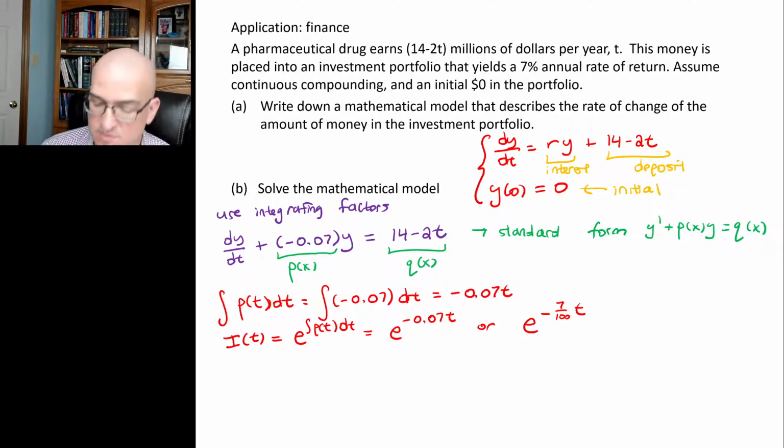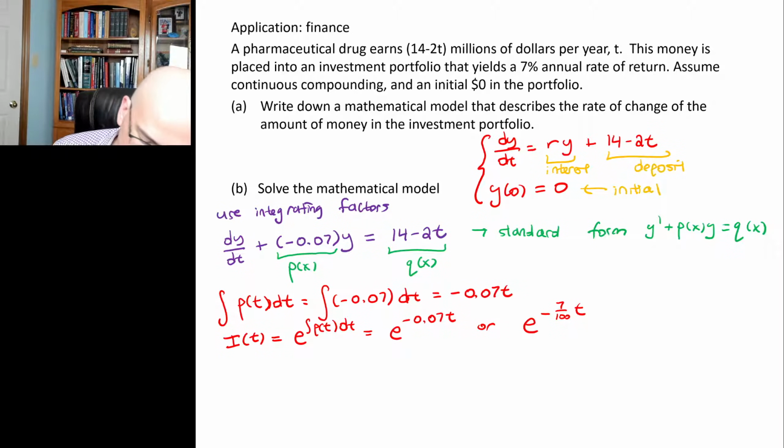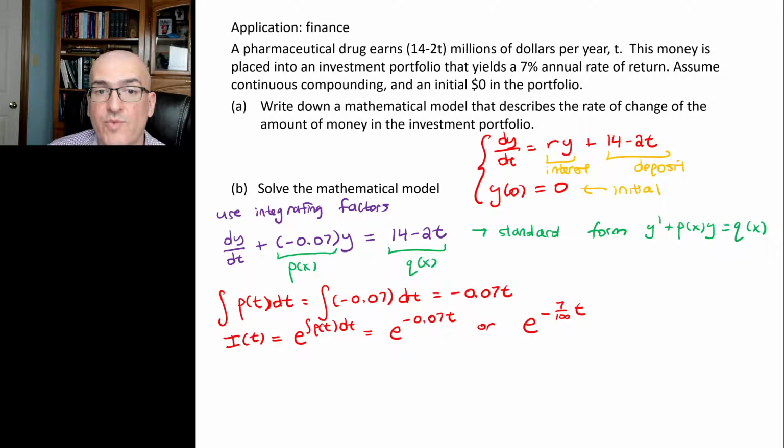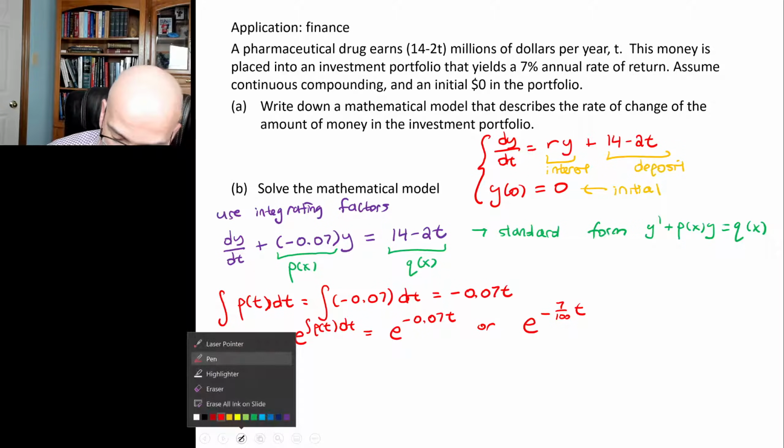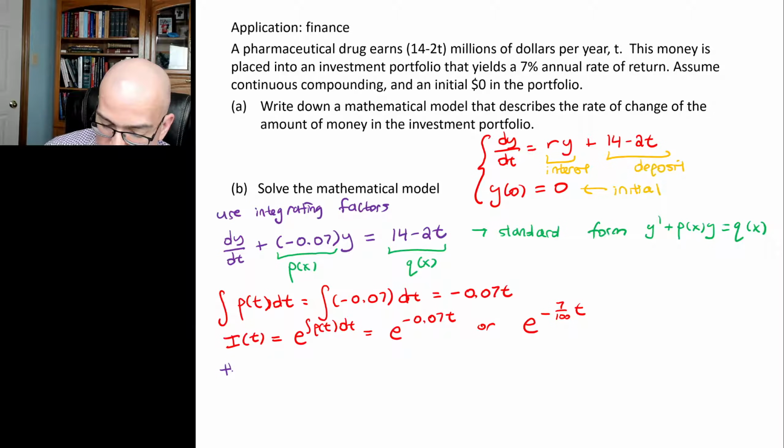I'll just do that because I don't like decimals. Now, we have our integrating factor. We have our big formula. Thus, y is equal to 1 over integrating factor times the integral of our integrating factor times q of t, dt.